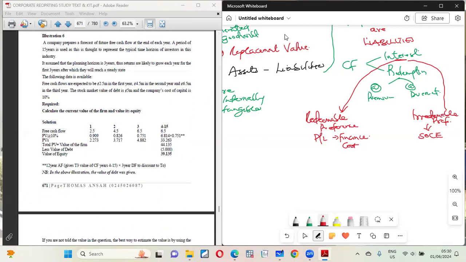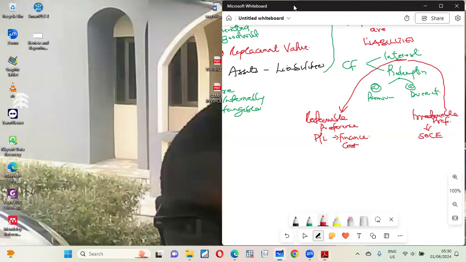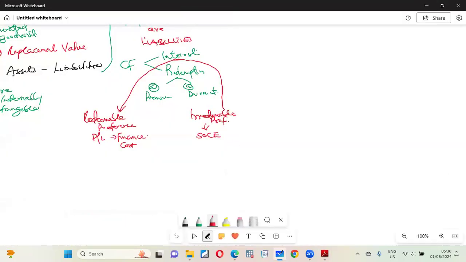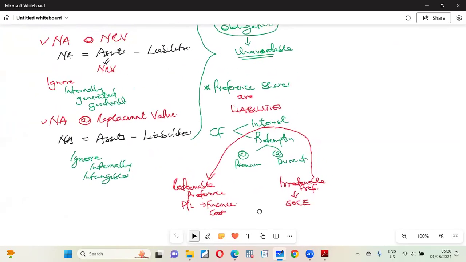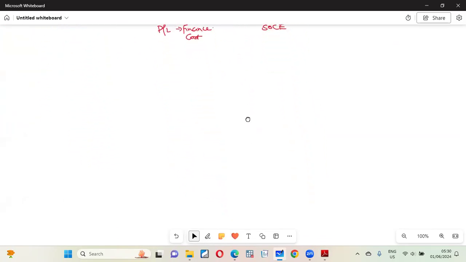So let's pick it up from here. The other methods, which are the income-based methods. So now we've learned 3 methods from the asset-based. Let's look at the other methods. The other methods will basically focus on, let's say, income-based. Or better still, let me start from the dividend valuation methods.